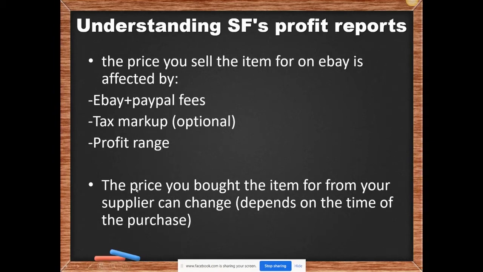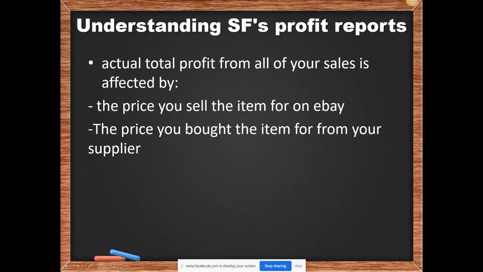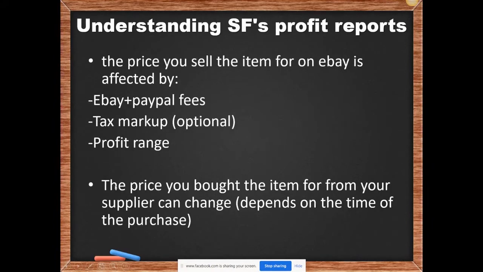Now, that's all fun and games, but what happened with this part, the price you bought the item for from your supplier? Well, this could change. Why? Because the price you bought the item for from your supplier depends on the time of the purchase, right? So, for example, if I sold an item, the price on Amazon, for example, was $10, right? And I sold the item on eBay for $20. Okay?